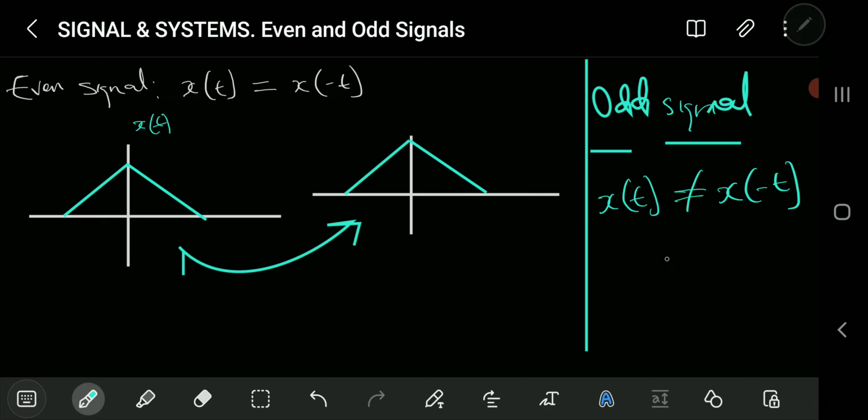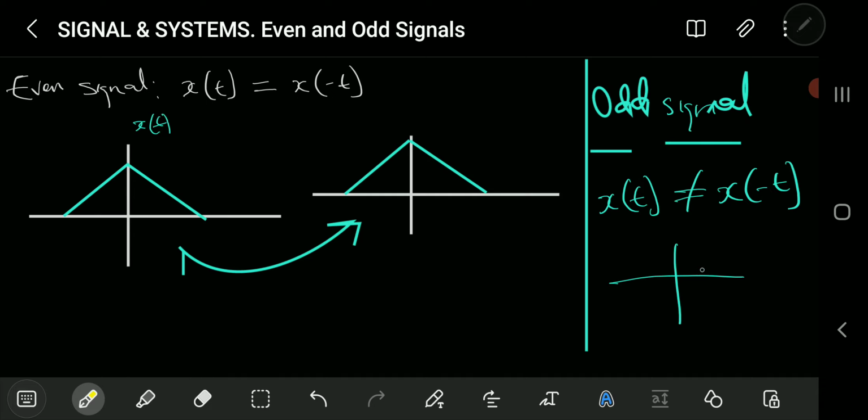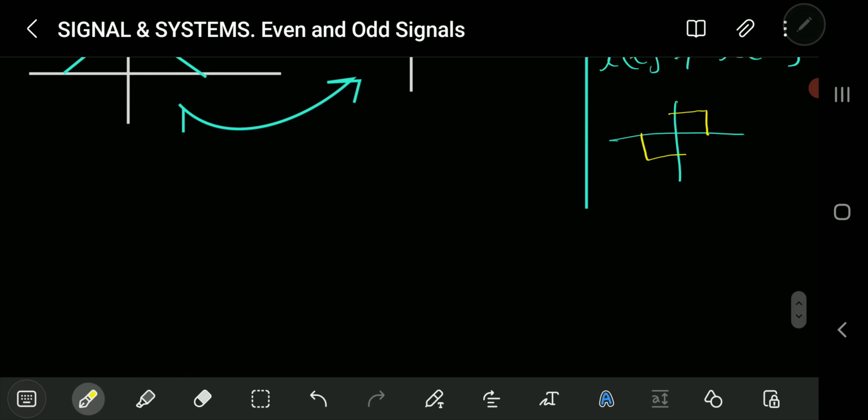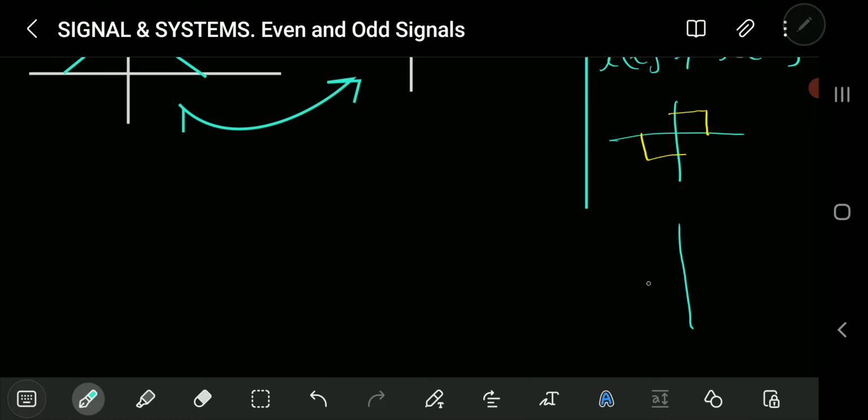For example, if you have a signal like this, now if I flip the signal, or if I mirror the signal, it's going to look something like this. So if I flip it along the y-axis, it's going to look like this.